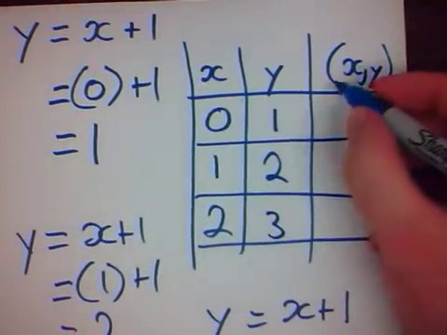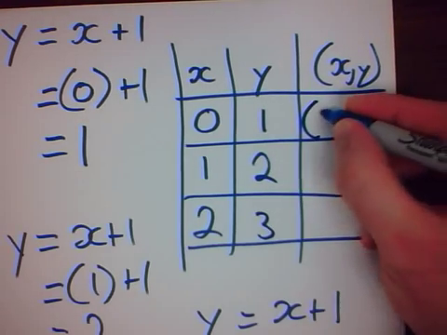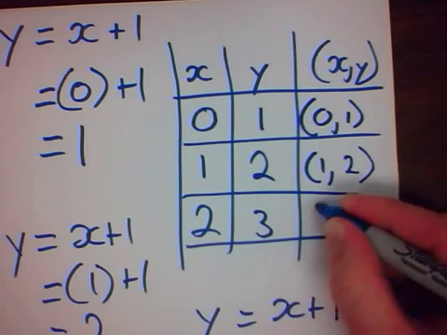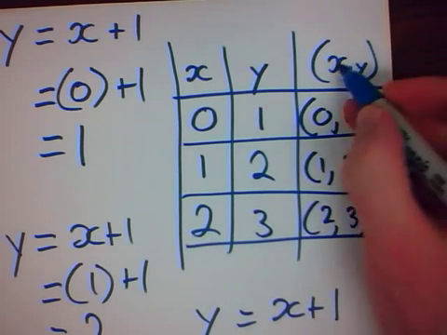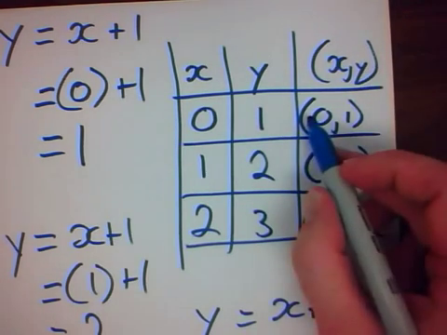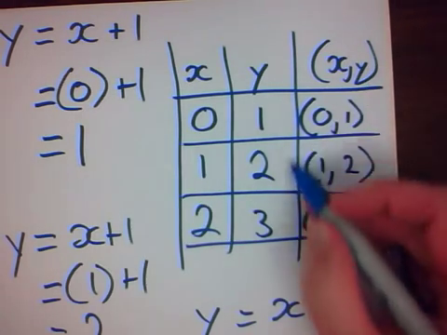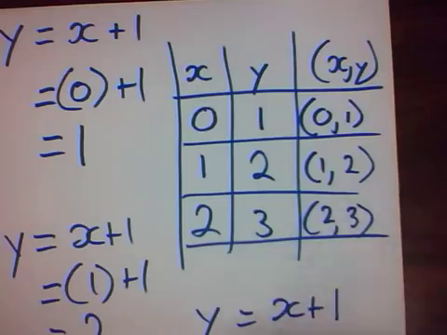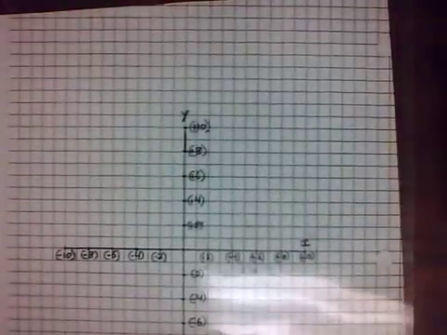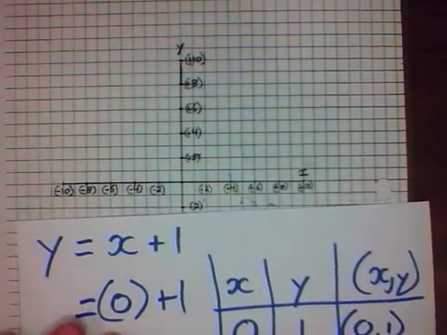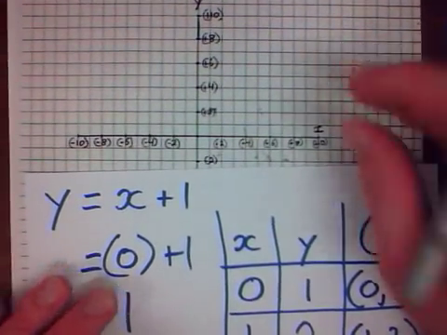Now what does this give me? Well, I have xy coordinates. X is 0, y is 1. X is 1, y is 2. And these coordinates can be graphed. So, let me graph these coordinates.